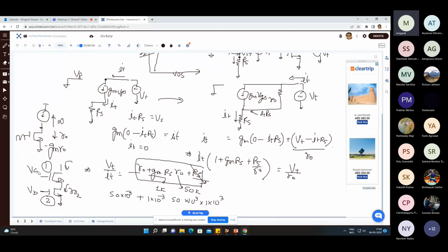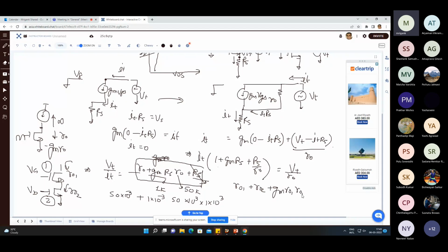Both are comparable, RO1 and RO2 are comparable. So the second term is going to be much larger, right? It becomes of the order of GM RO square. So it is RO1 plus RO2 plus GM RO1 RO2.